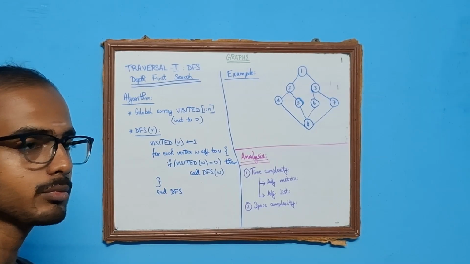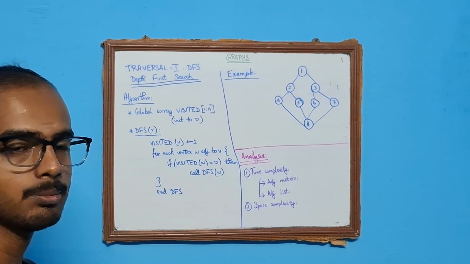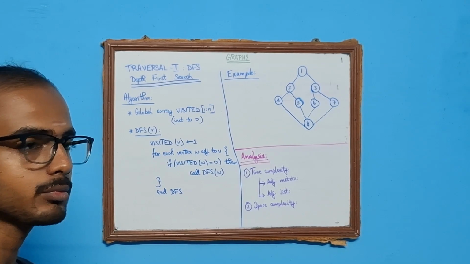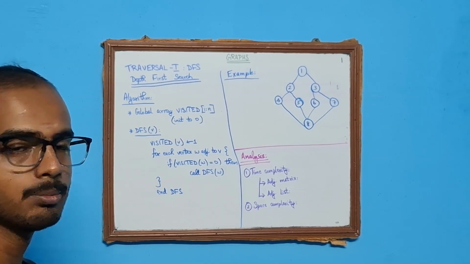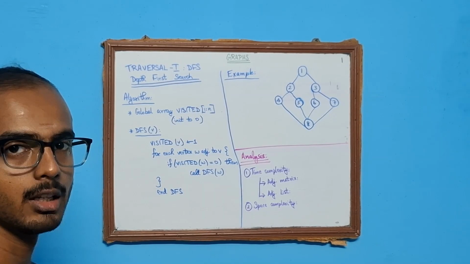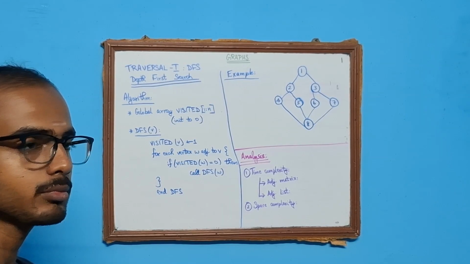I'll write the visited array here: 0, 0, 0, 0, 0, 0, 0 and 0, corresponding to 1, 2, 3, 4, 5, 6, 7 and 8. The visited array is like this for each of the nodes. Now we are going to 1, and we will make the visited array entry as 1.